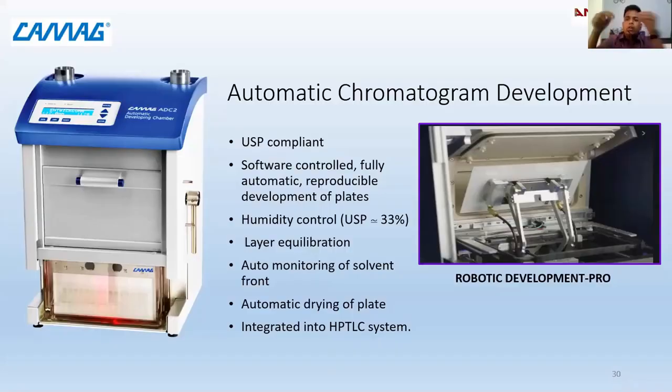After it, manually you have to take it out, but here it will automatically come out from that chamber in the upper part and automatically it will be dried. So this ADC2 is USP compliant, software controlled, fully automated, with reproducible results. The main feature and main benefit of this instrument is humidity control.